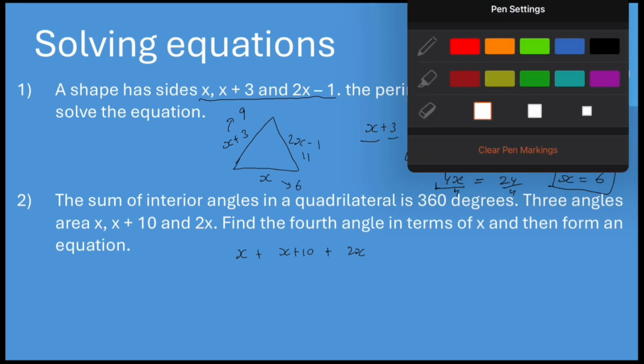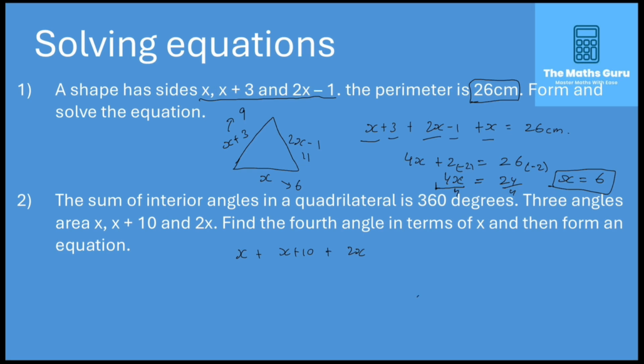So we have a quadrilateral, which essentially means just a 4-sided shape. We're given x, x plus 10, 2x, and we need to find out this angle here in terms of x. We know that the total of this whole thing is 360 degrees. Let's call this angle 4.